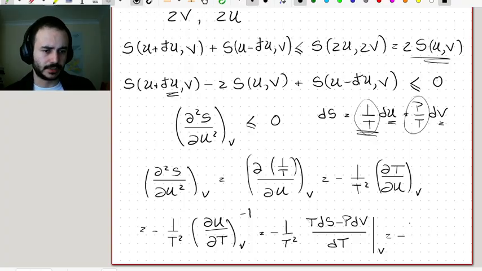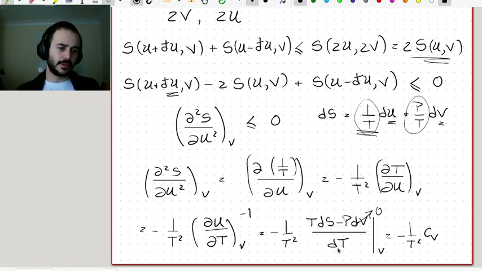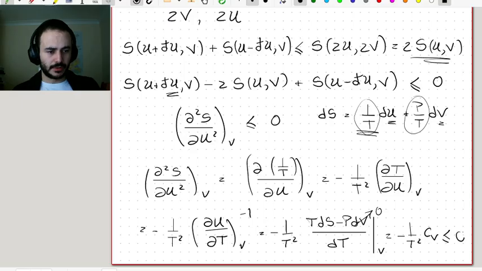What you get in the end is minus 1 over T squared of the heat capacity at constant volume, and because it has a dV and V is kept constant, this goes to 0, so what you get is this. By definition, T partial derivative of S with respect to T at constant volume is the heat capacity at constant volume, and we know this thing is smaller or equal than 0.